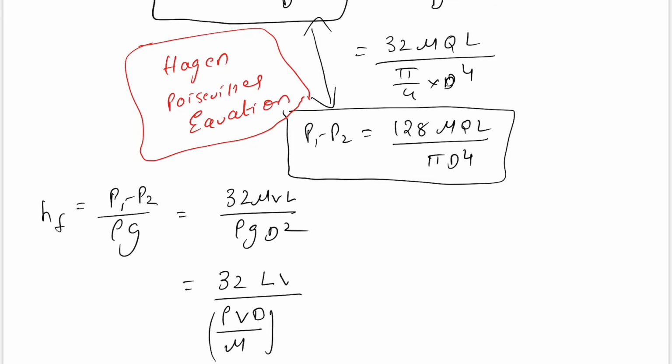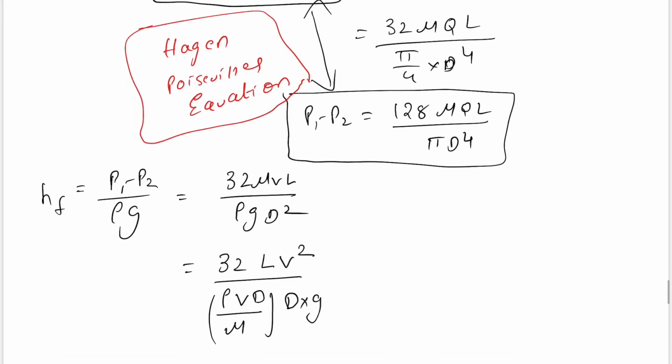Here since there is V, finally you should get V square, so we'll write V square. There's already d, we'll write another d. That is 32 L V square by rho V d by mu. Mu will again come over there, there is rho, there is g into d.